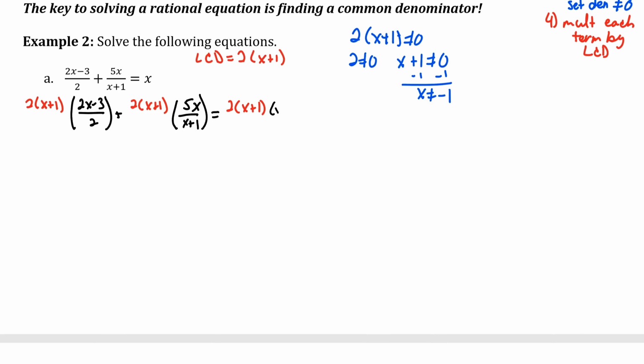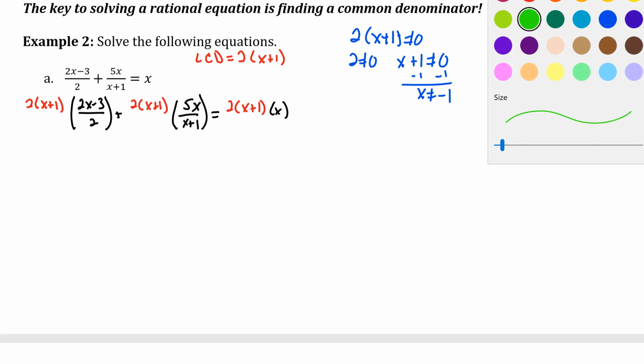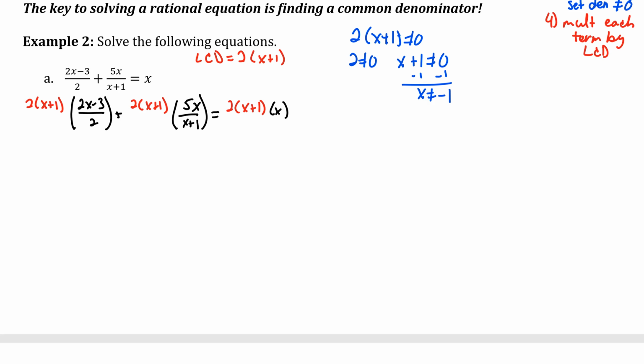So I've got this times an x. So notice every single term, 1, 2, 3, I've multiplied by my LCD. What this allows me to do is notice that this denominator of a 2 and this 2 cancel each other out, leaving me with an x plus 1 times a 2x minus 3 for this first term.